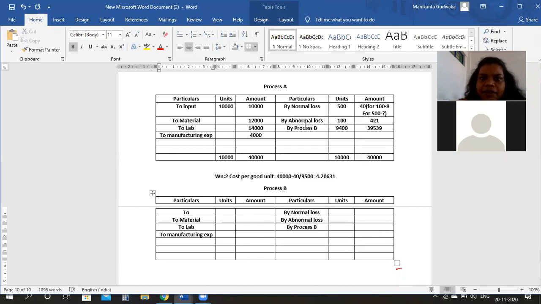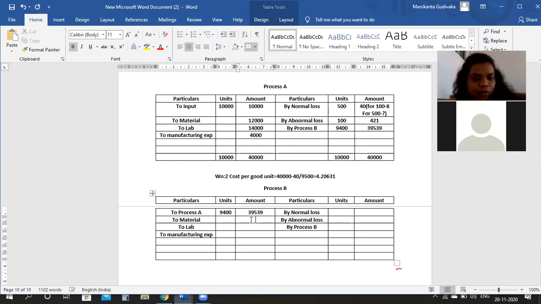If you see, from process A, we have to transfer to process B. How many units, ma? We are transferring 9,400 units at the rate of 39,539. All right, this is just a pure double entry. Whatever you have credited here, you're debiting here.